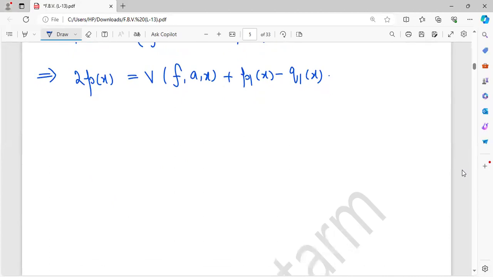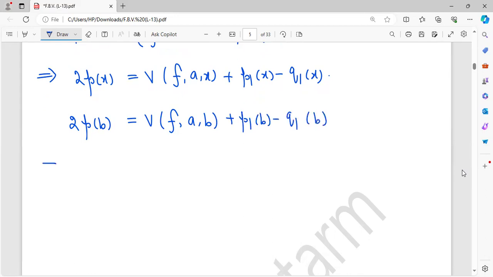So what is 2P(b)? It is Vf(a,b) plus P1(b) minus Q1(b). So this implies 2P(b) is equal to the variation of f plus P1(b) minus Q1(b).